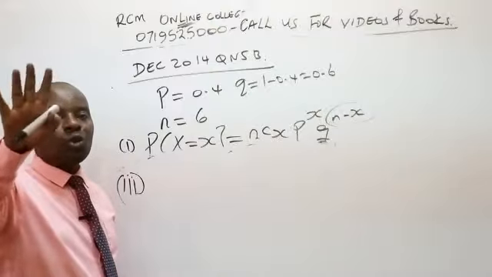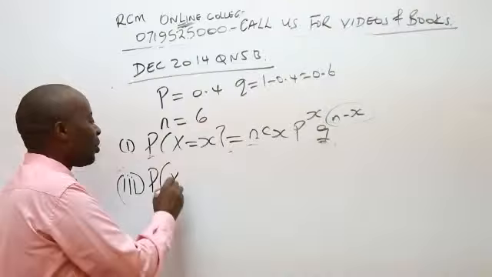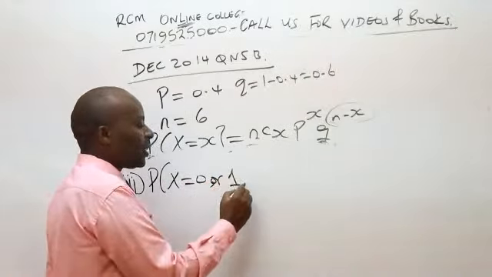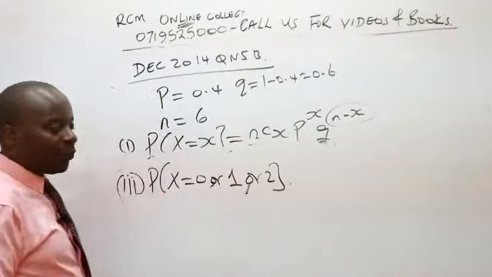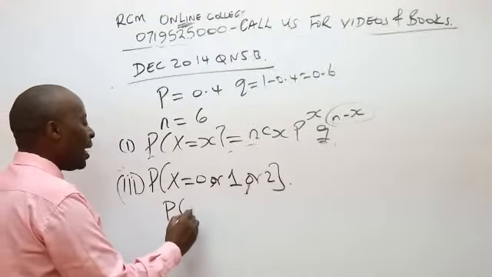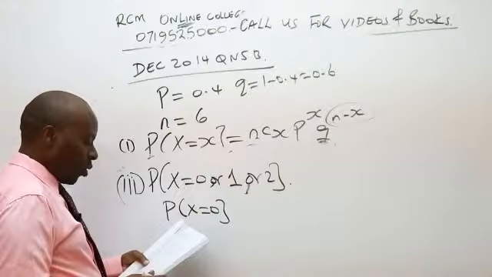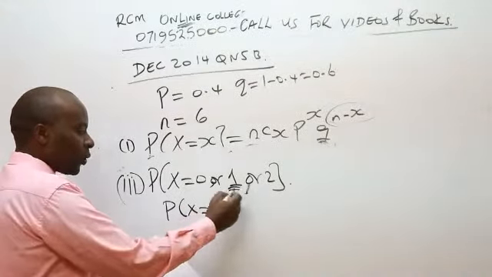At most 2 means 2 is the highest. This is equivalent to saying probability of X is 0, or probability of X is 1, or probability of X is 2. We don't have probability of X equals 0, so we have to look for it. The one that we have is 1, at least this one we have.